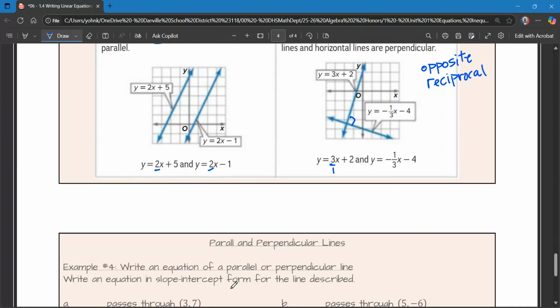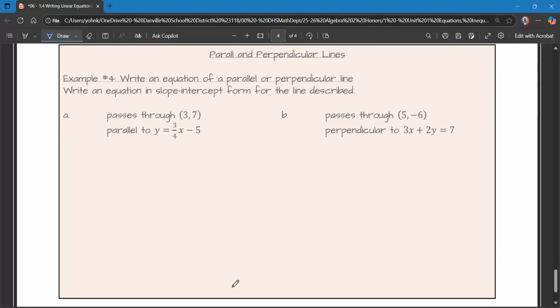So let's write some equations for parallel and perpendicular lines. Write an equation in slope-intercept form for the line described. So remember, you can start with point-slope, or you can go right to mx plus b like we did in one of the very first examples.